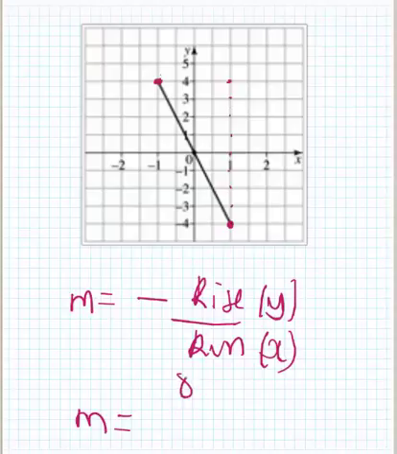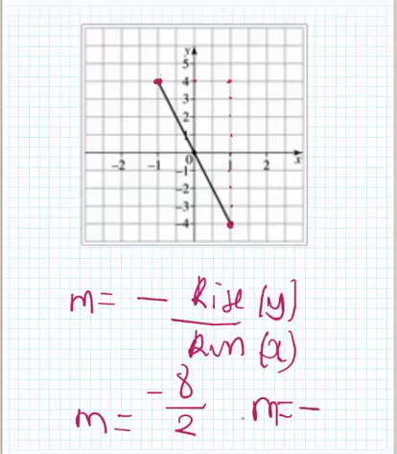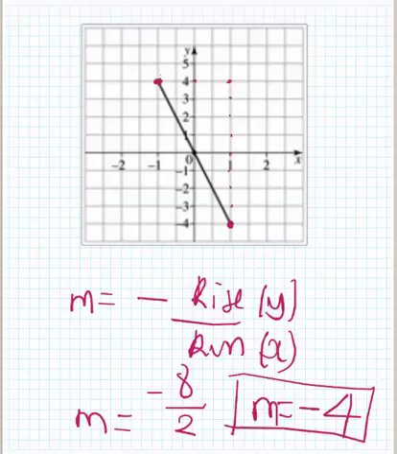So that was a rise of 8. Now for us to reach that same point, we've got to go across. Be careful, don't go 1, 2, 3. Look at your x-axis. 1 unit is all the way across here. So that's 1, and then 2. Our run was 2. And now it's a negative gradient, so we're going to have negative 8 divided by 2, which is negative 4. And that's our gradient.